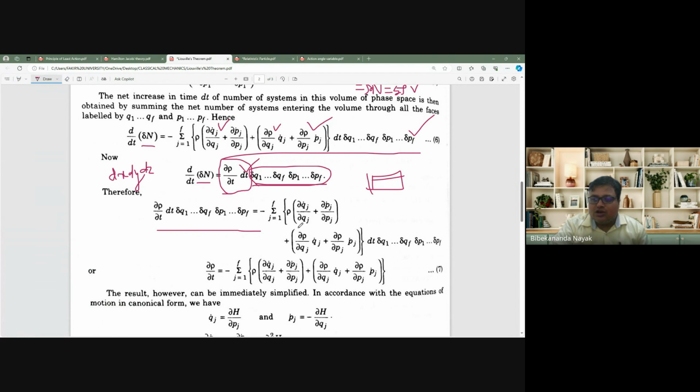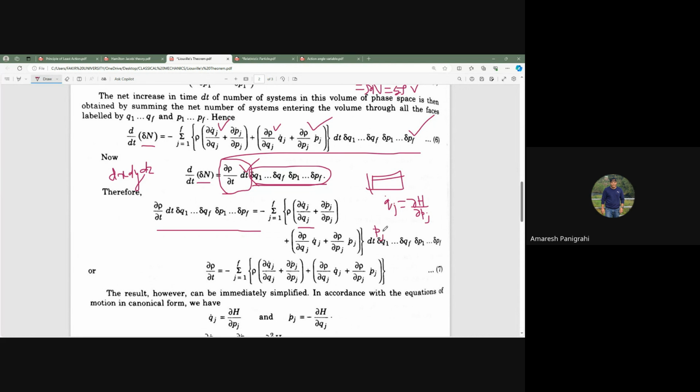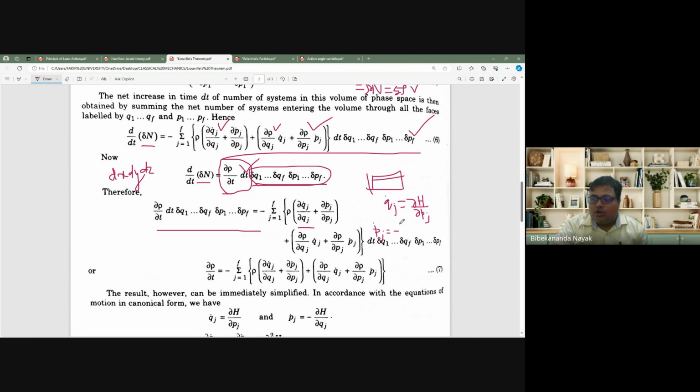qj dot is equal to del h by del pj, and pj dot is equal to how much? Minus del h by del qj.